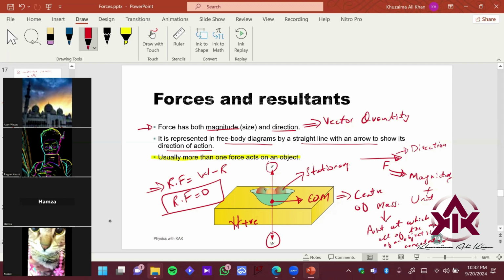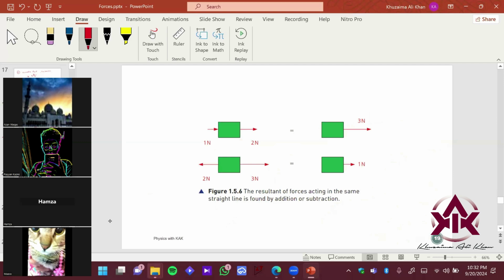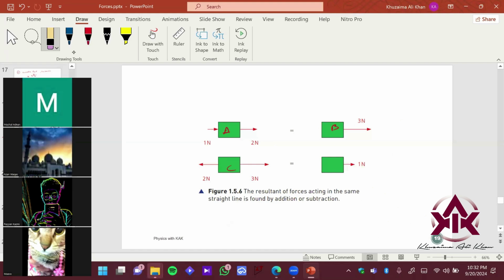We will discuss what resultant force 0 means over here with this example. Imagine you have blocks. Let me just give it a single name. This is block A and this is block B. So we have two cases over here. We have F1 in this direction and F2 in this direction.